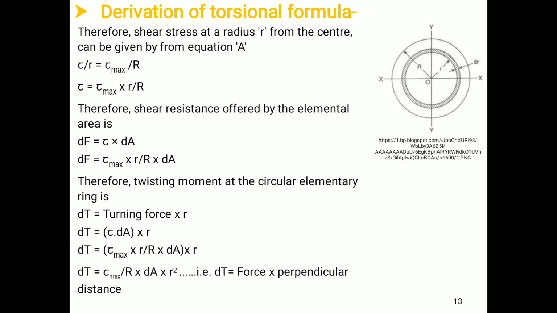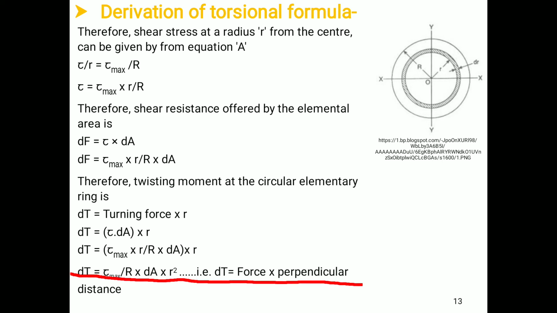Therefore if you put the value of tau into this equation, we have dT is equal to tau max into small r upon capital R into dA into small r. So dT will become tau max upon capital R into dA into r square.